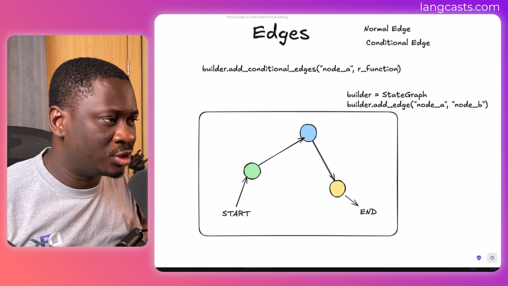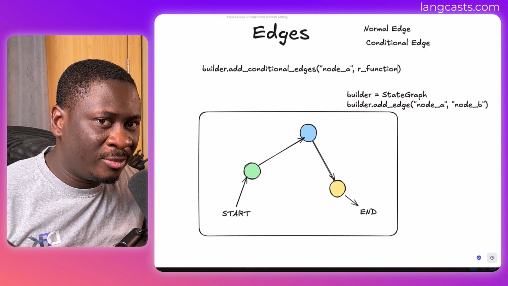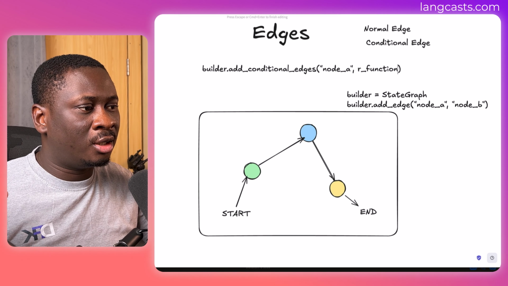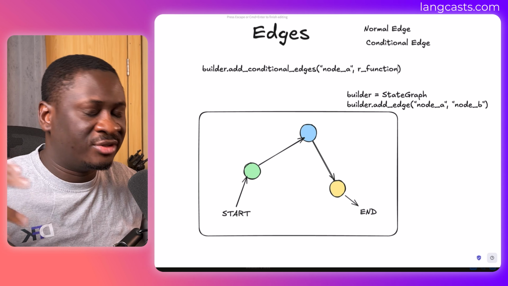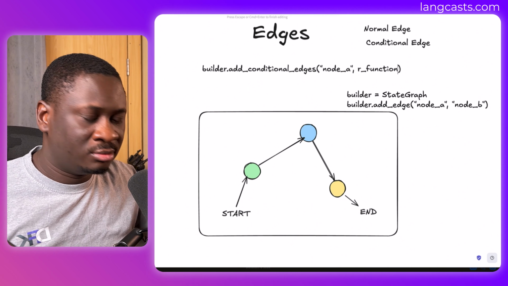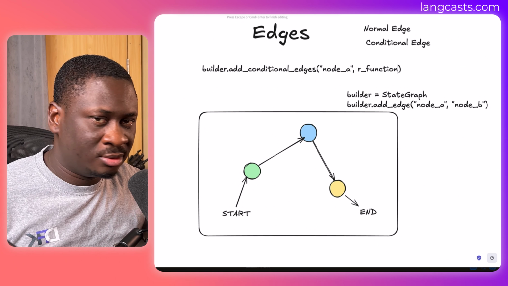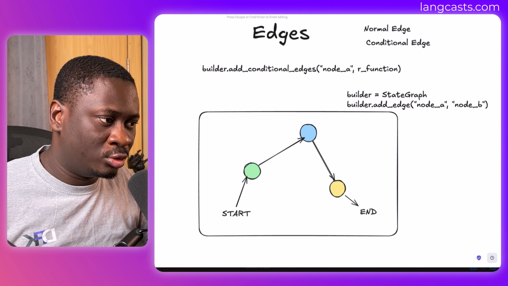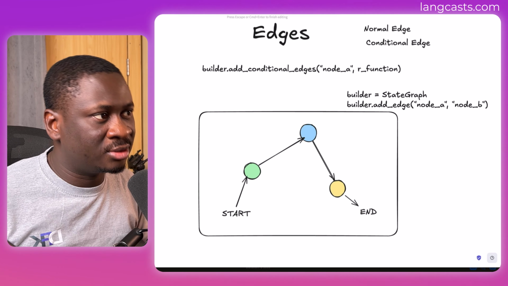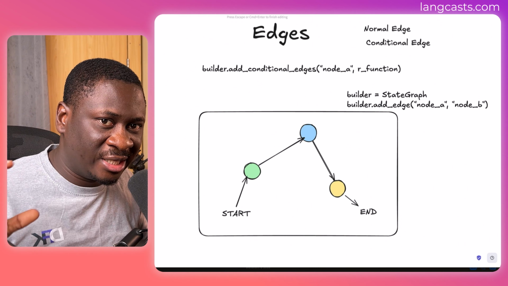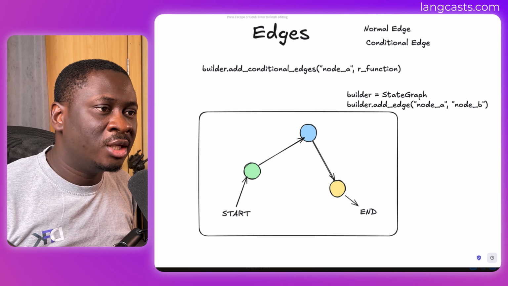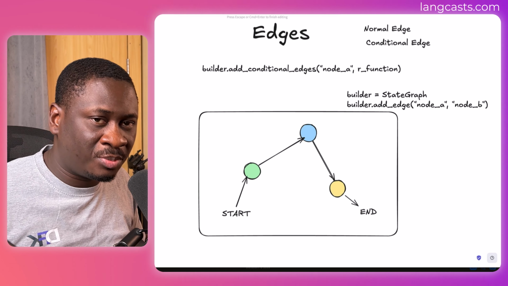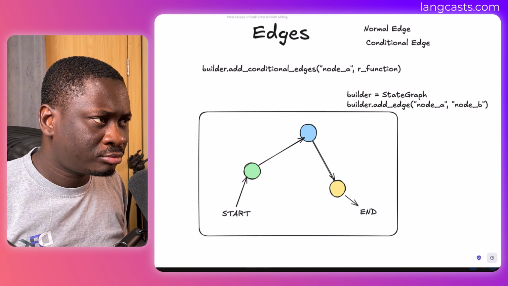That function is going to return the string name of the node you want to go to based on the condition. So if 5 is less than 10, then go to node B: you return node B as a string. Or go to node C: you return node C as a string. If you want to do parallelism, you can return a list of nodes, so it will route in parallel to those nodes.